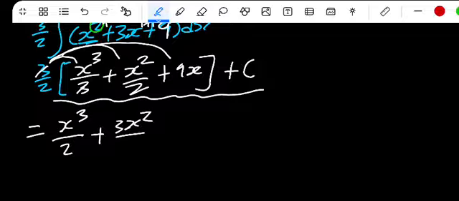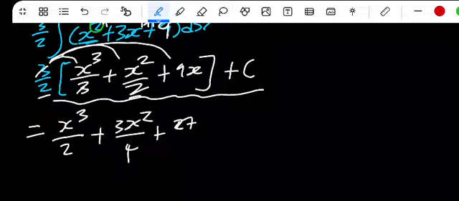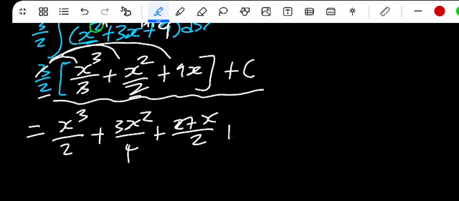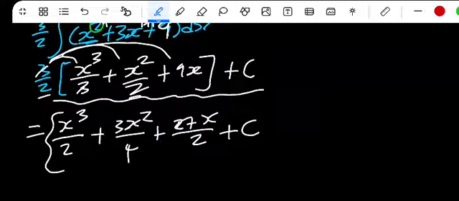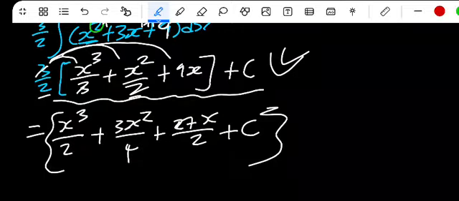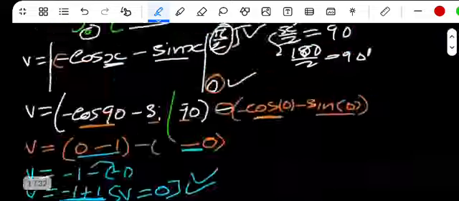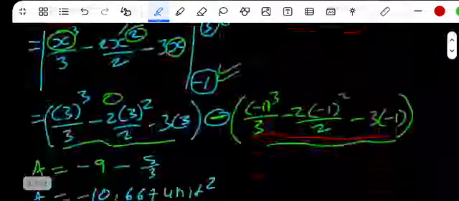You multiply 2 and 2, which will be 4, plus 9 times 3 will be 27 over 2 times x, plus some constant c. If you like, this is your answer, but you can leave it here. If you want to go further, you can also come here. So that is what we have there.